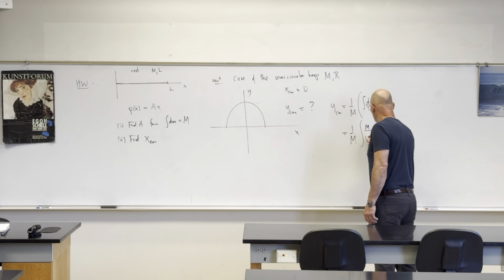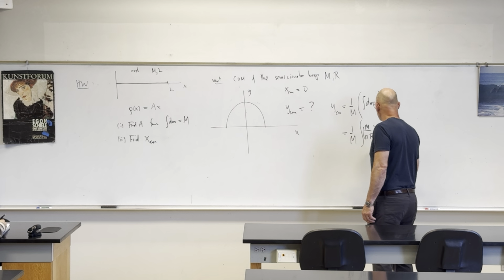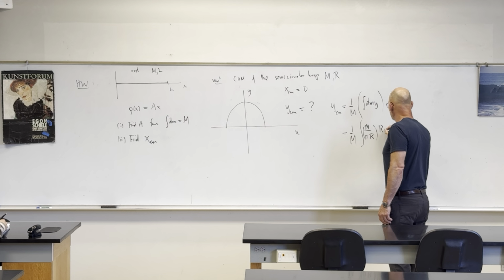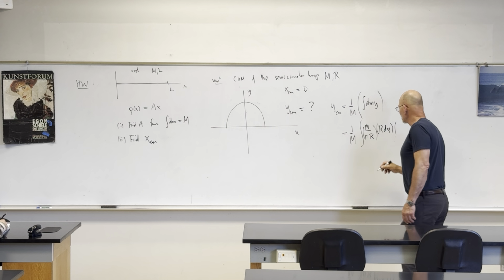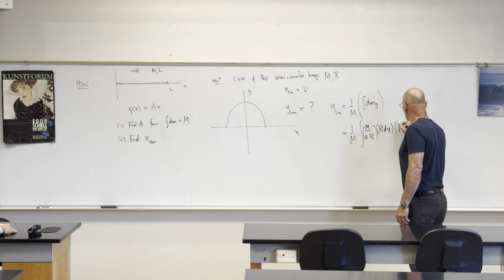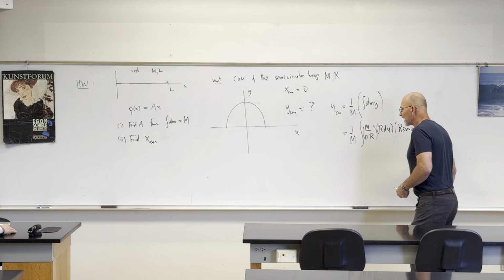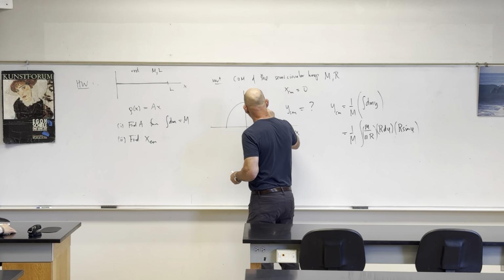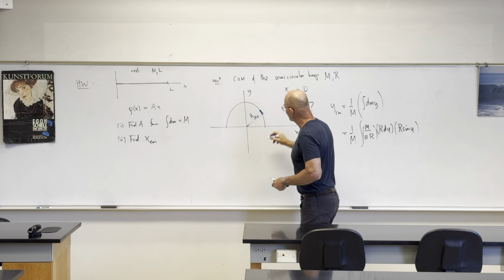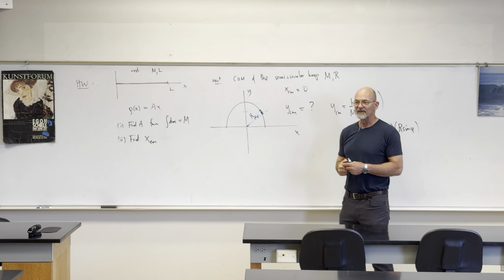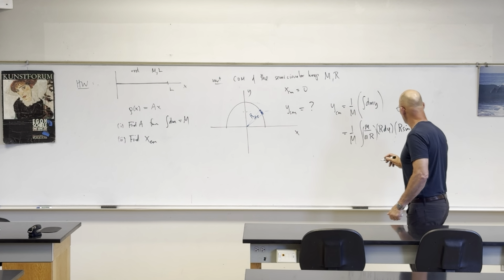So it's mass divided by pi r, and our length element will just be r d phi, and we can use plane polar coordinates. The y component of that little piece of mass is r sine phi. So this should do the trick.